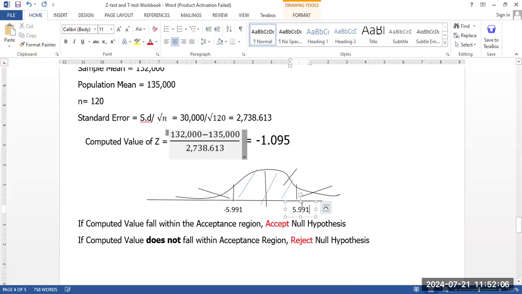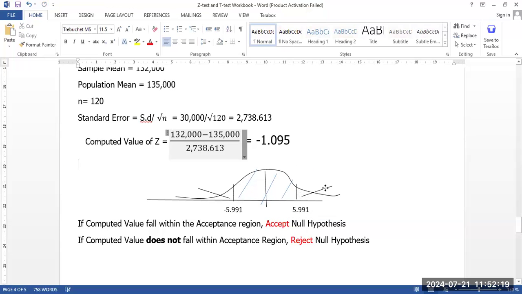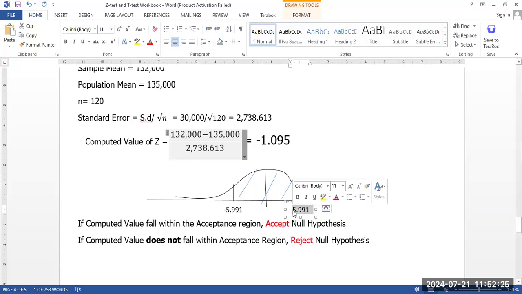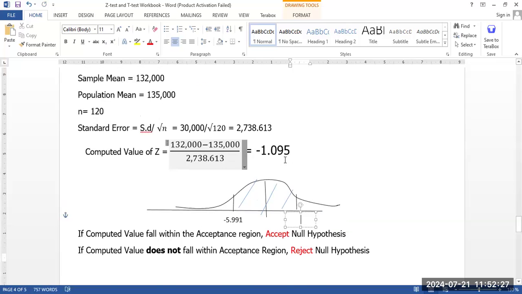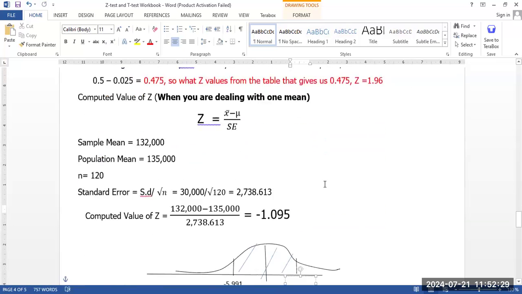Here we put the value from the table. Remember, it is our critical value, the one that separates the acceptance region from the rejection region. What is the value from the table? 1.96.